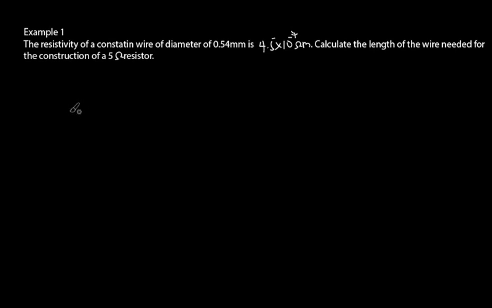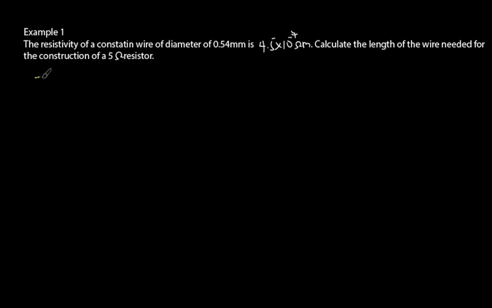So the resistivity of a constantan wire of diameter 0.54 millimeters is 4.5 times 10 raised to the power minus 7 ohm meters. Calculate the length of the wire needed for the construction of a 5 ohms resistor.